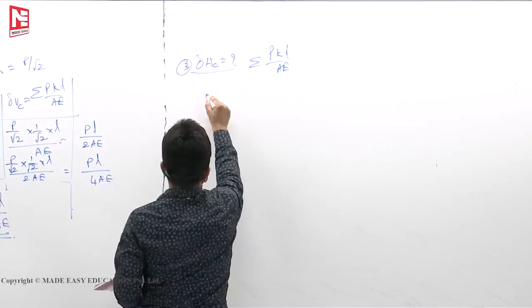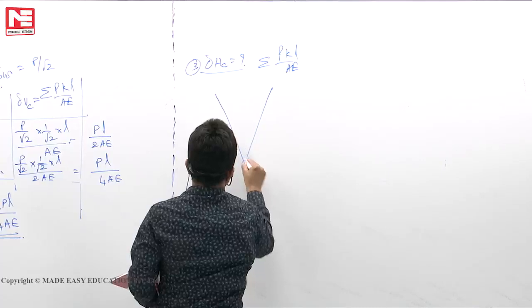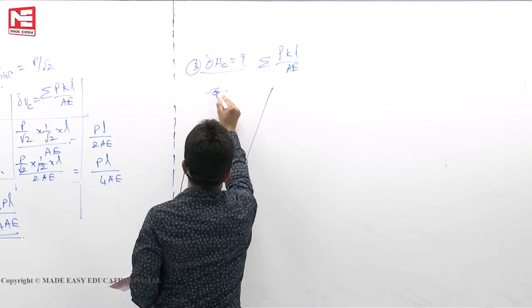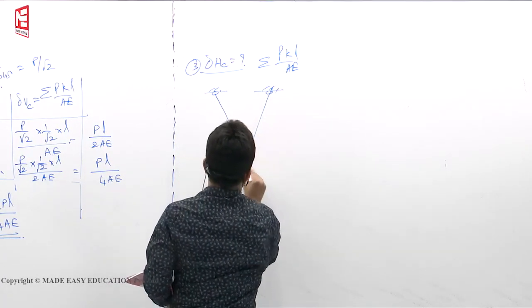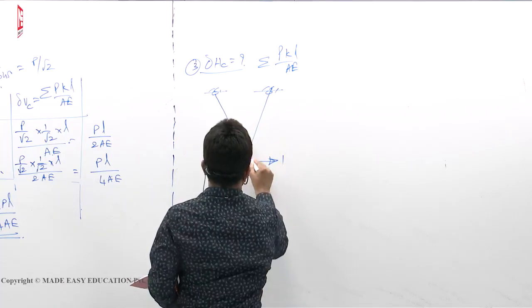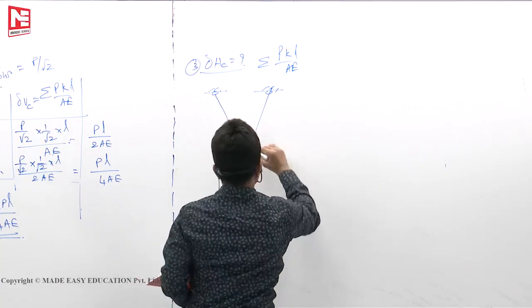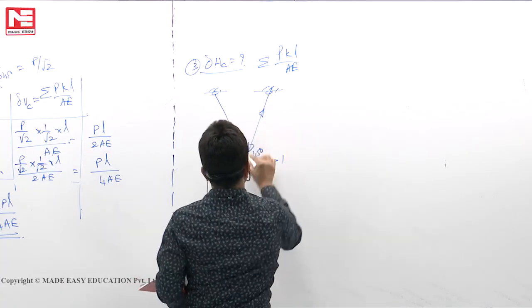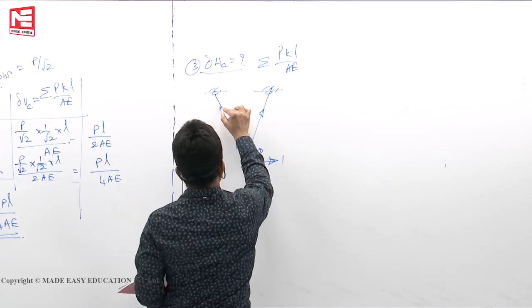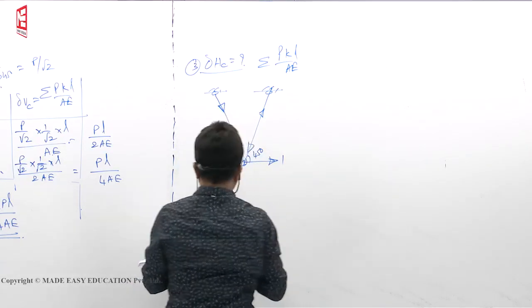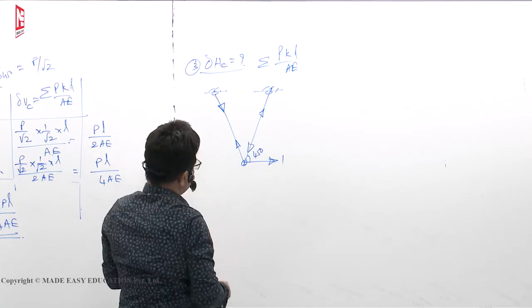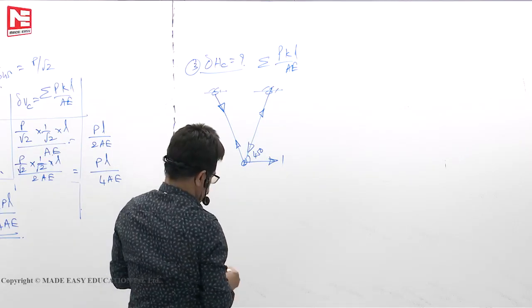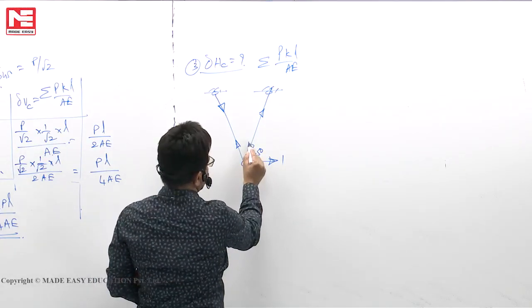K values means a unit load you have to apply like this. The unit load is here 1, at 45 degrees. When I press it, this member is under compression, but this is under tension, away from the joint. Now, if I take it like this, both have to be equal.